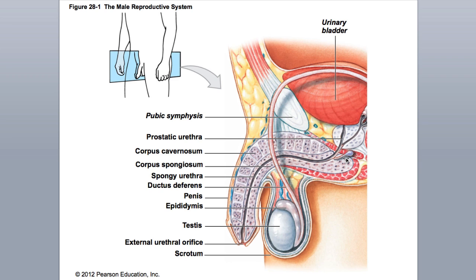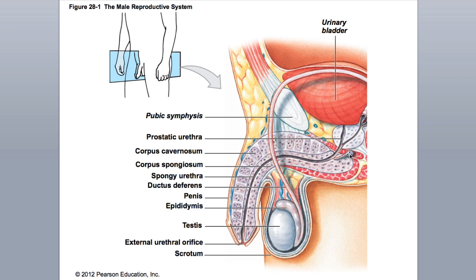Now the three that I've mentioned, the secretory vesicle, the prostate, and the Cowper's gland, they all add to make semen. So semen is really a mixture of Cowper's gland fluid, prostate gland fluid, and the secretory vesicle fluid.